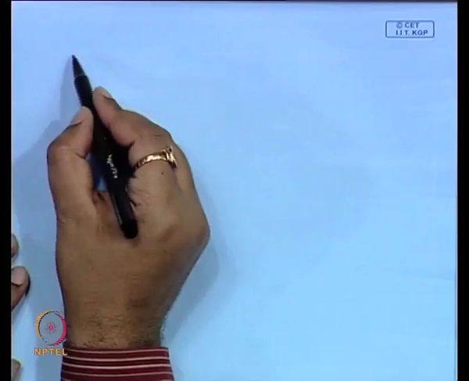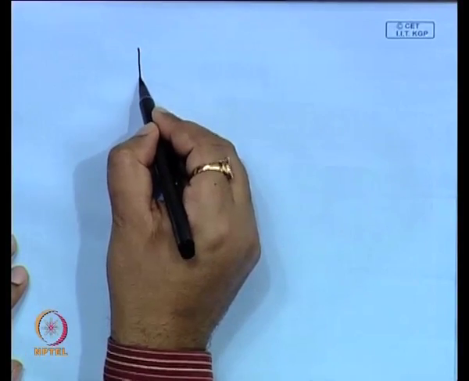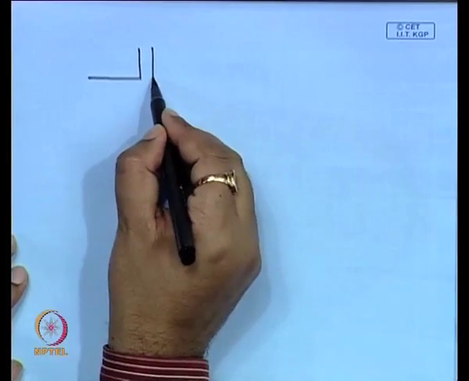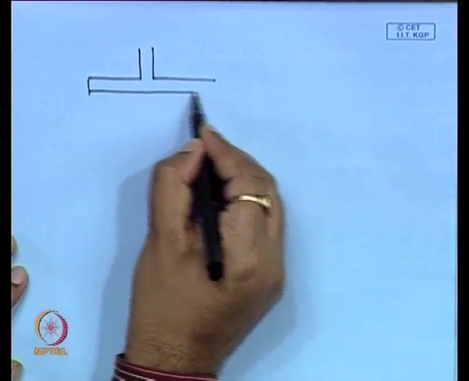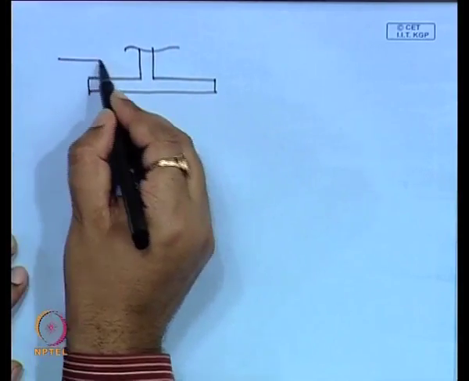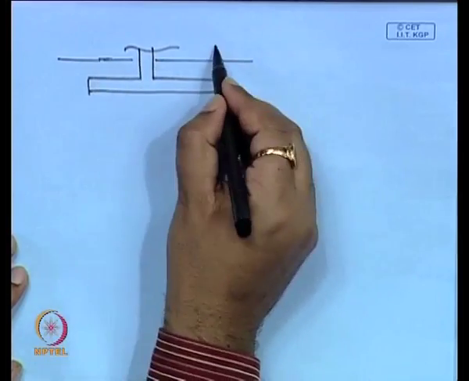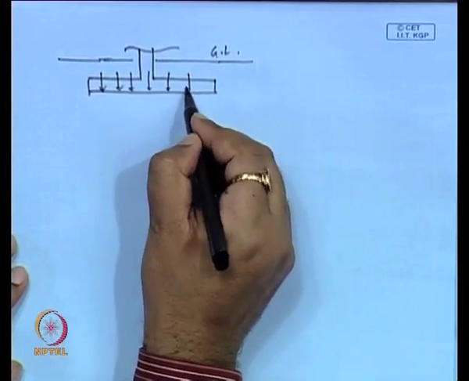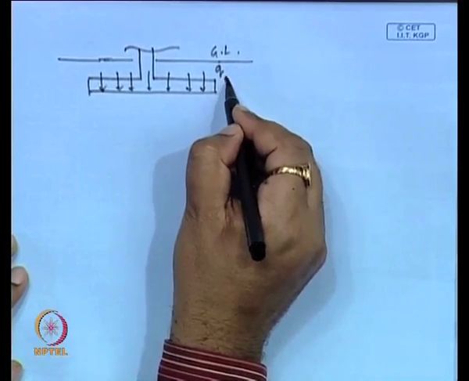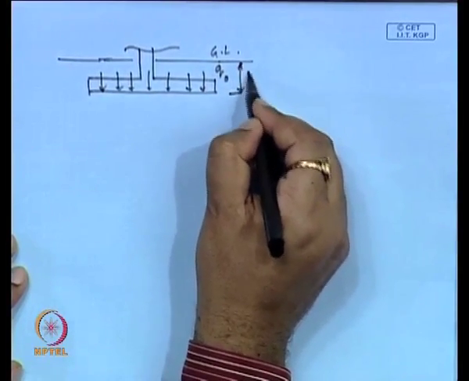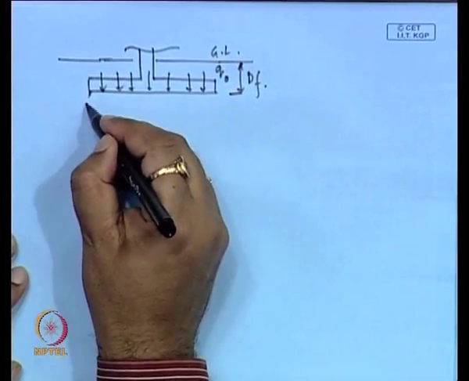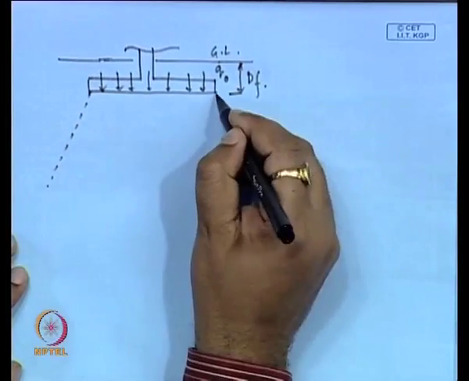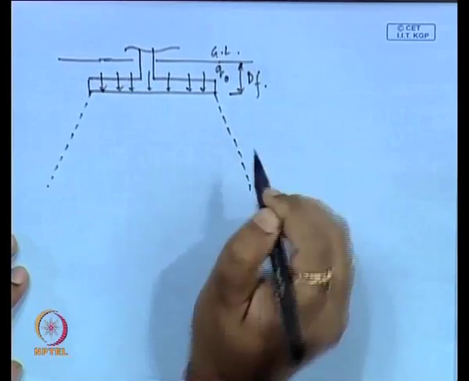The next technique, the approximate method, is very useful to calculate this stress at any point. Suppose this is the foundation and this is the ground surface. Q0 is the load and dF is the depth of the foundation. Here we consider this load is distributed by a 2:1 pattern.